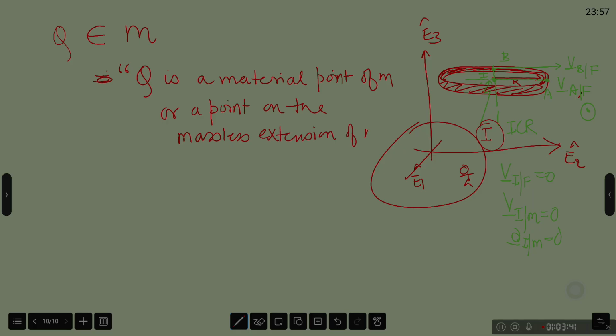So in that way we can say that for planar motion, whenever we are able to find the instantaneous center of rotation, point I, that will always be on M. I will either be a material point or it will be on the massless extension.